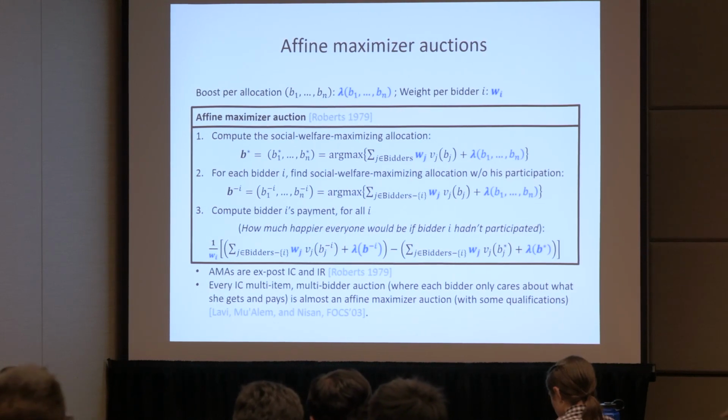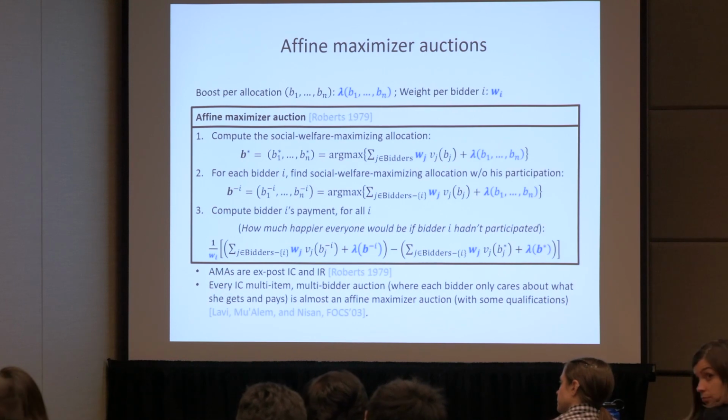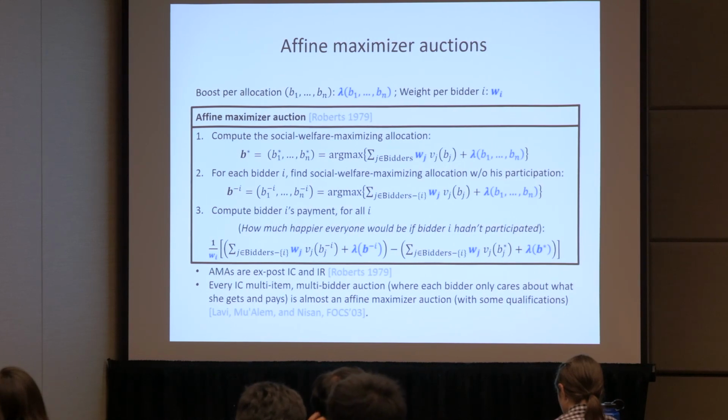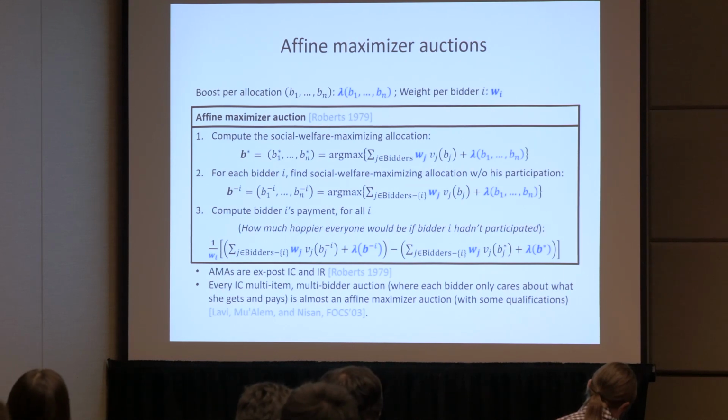So even in hindsight, you're happy having gone to the auction, that's IR, and even in hindsight, you're happy having bid the truth, with your true valuations. The proof is the same as for VCG, by the way, so you can actually go line by line. Everything goes through, even with these blue things in the picture.